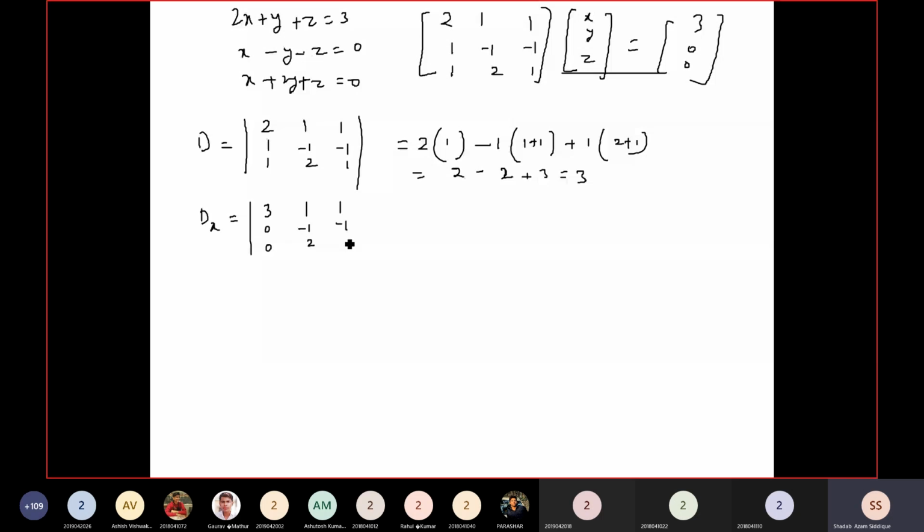So for this I can write directly 3 into the determinant of minus 1 2 and 0. For the other, I'll go for this column, so I'll eliminate this, and that will be eliminated.